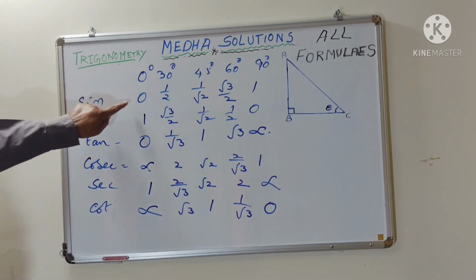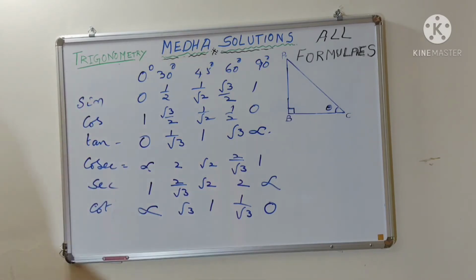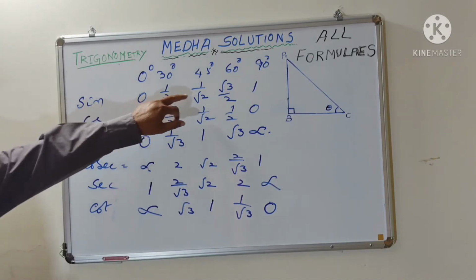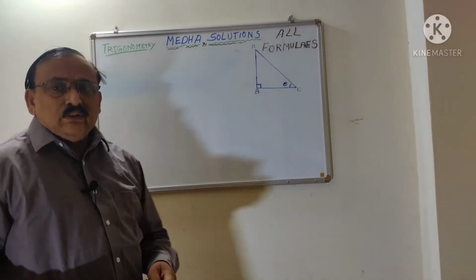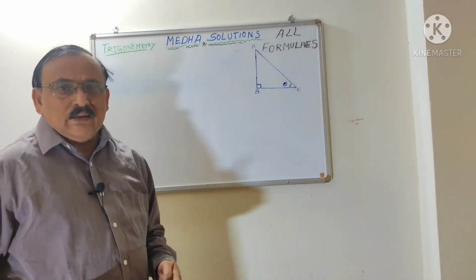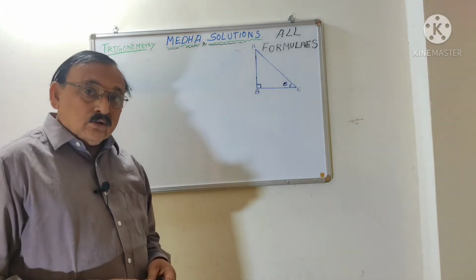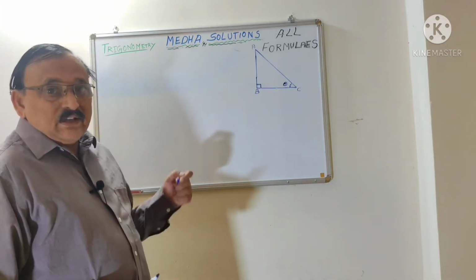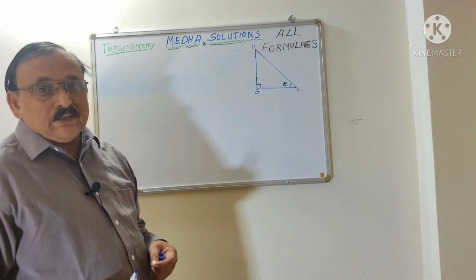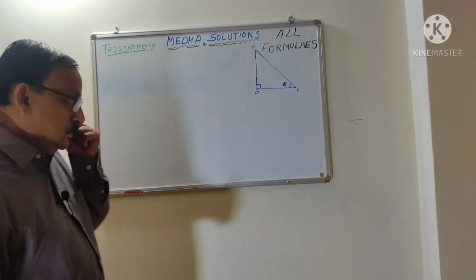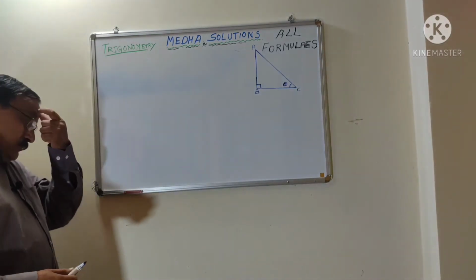How to remember these values? In my previous video, the relation is there for how to find these values. Students, we know all the ratios of sin, cos, tan, sec, cosec, cot. We know sin by cos is equal to tan and cos by sin is equal to cot. Now these are the inverse functions.